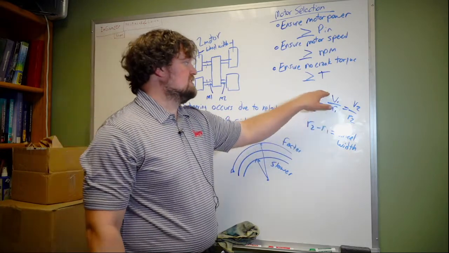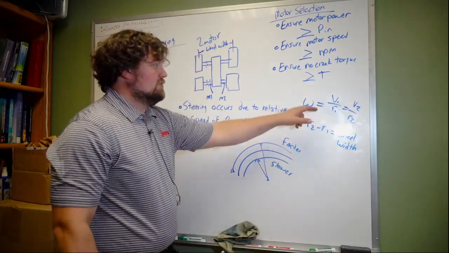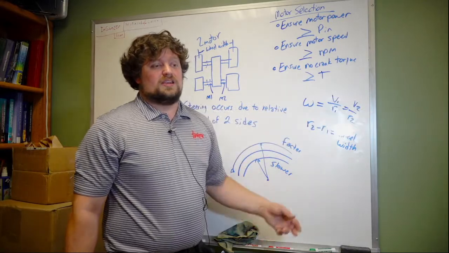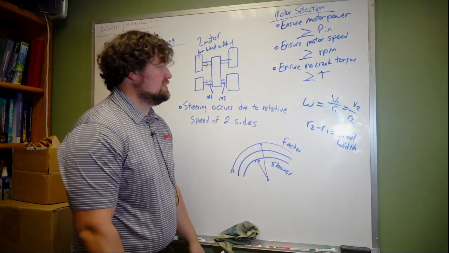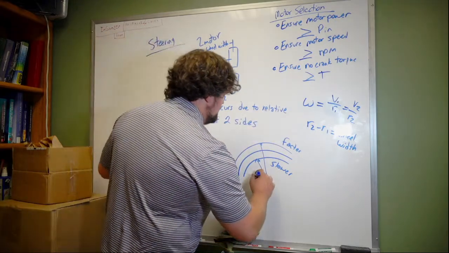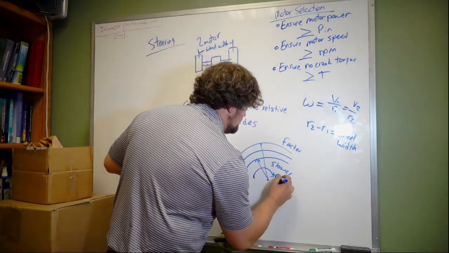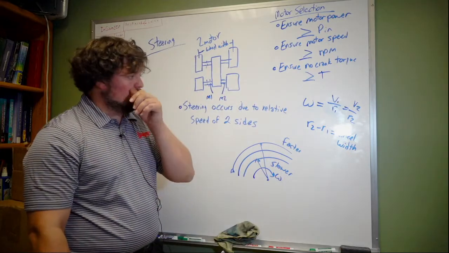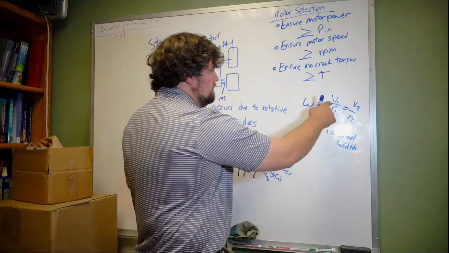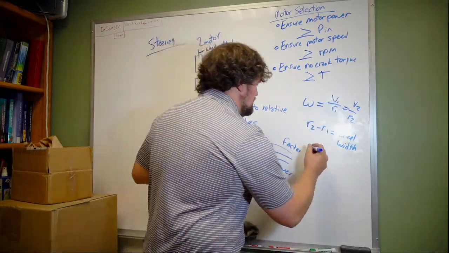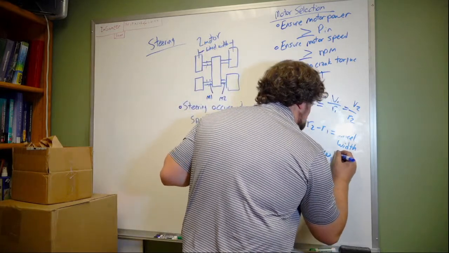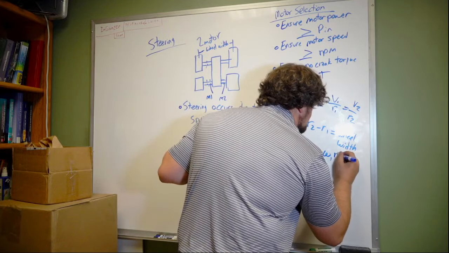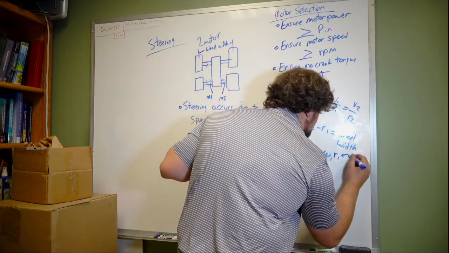So the question is, how do you control V1, V2? Well, V1 and V2 are given to you by the actual speed of the vehicle. Here, omega is the speed around this turn. It's not the speed of the individual motor. V1 and V2 can be given by omega 1 times the wheel radius.